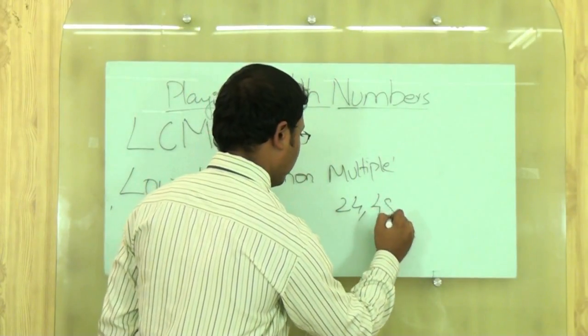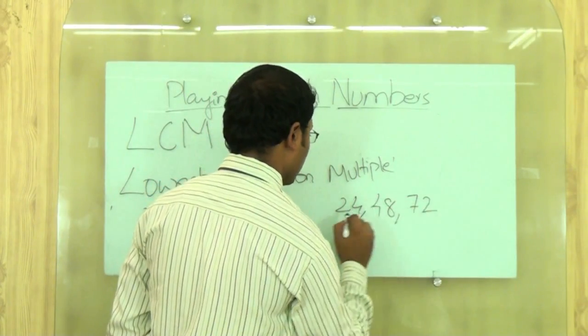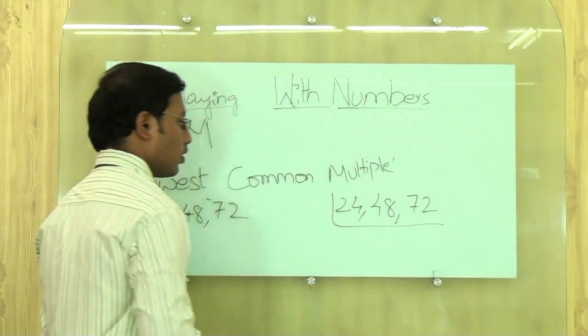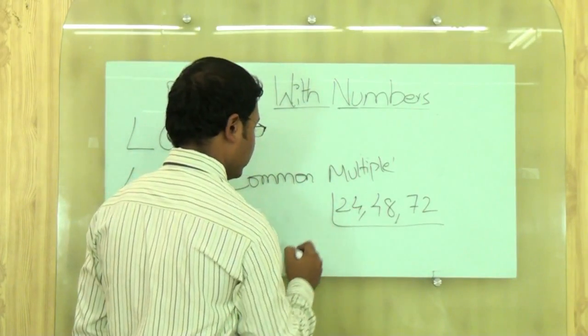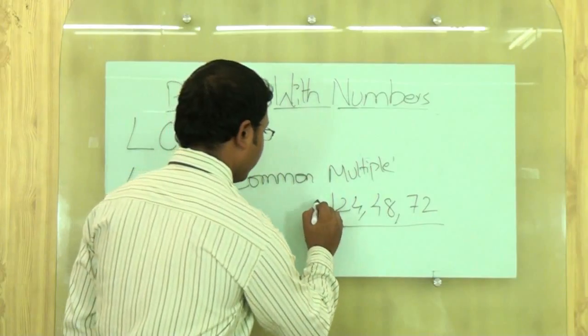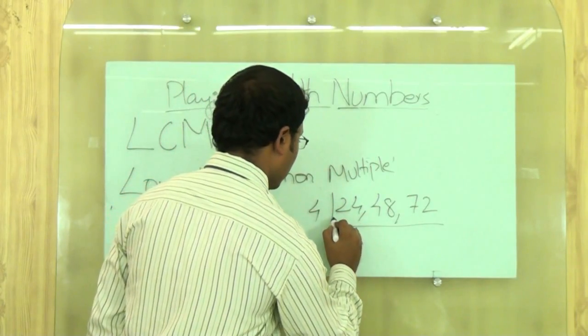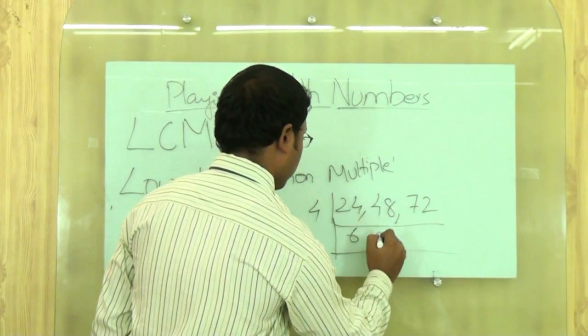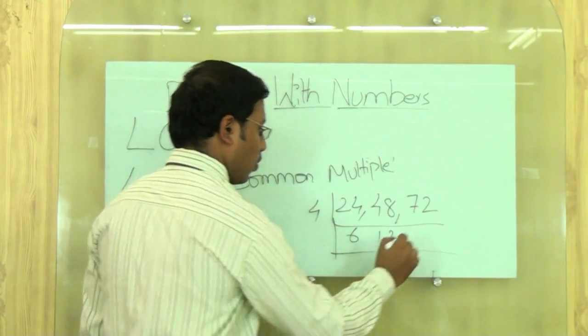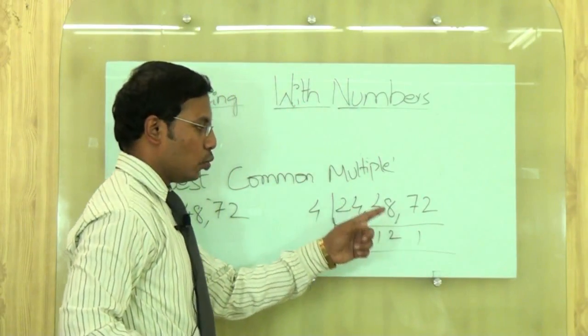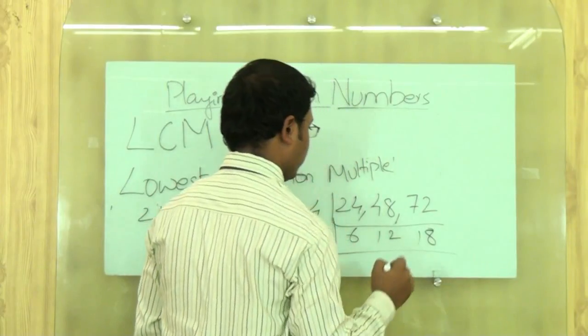These numbers are divisible by 4. 4 6s are 24, 4 12s are 48, 4 18s are 72.